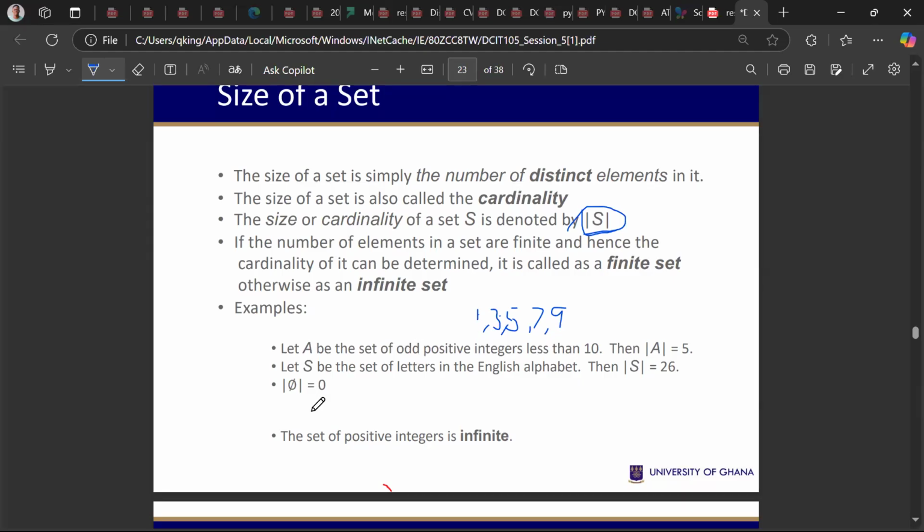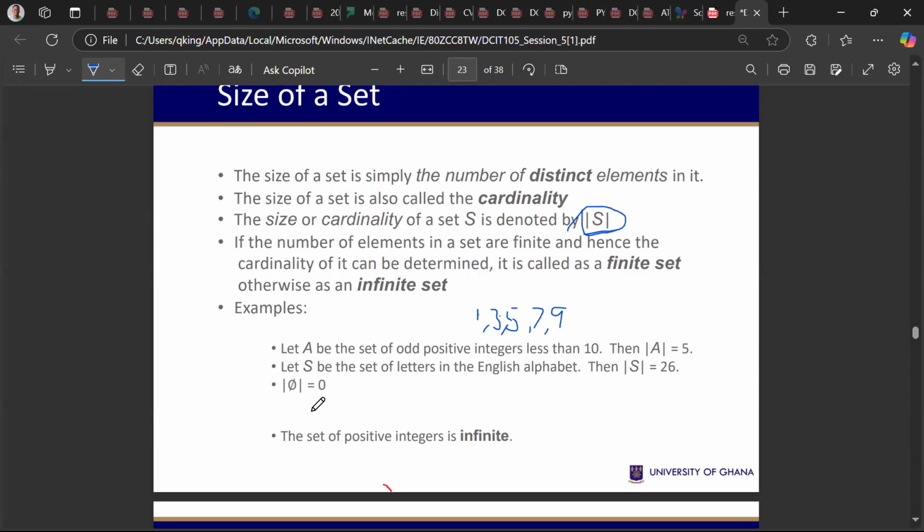And so when we also look at the second example, it says let S be the set of letters in the English alphabet. And when we count the English alphabet, we have 26 of them. And so the cardinality of S is basically 26.